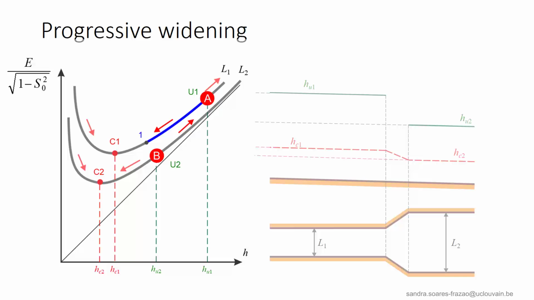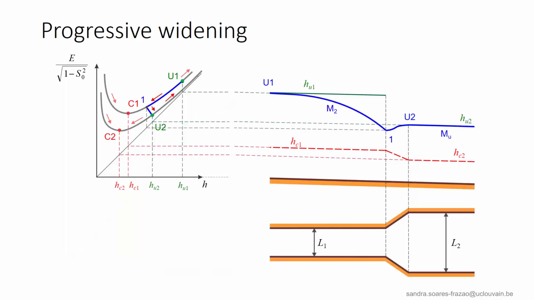To approach point B, the specific energy has to decrease until a point 1 with a specific energy level slightly higher than point B in order to keep some energy to be lost in the transition. Then, from point 1, the flow crosses the transition until reaching point B that represents the uniform flow U2.